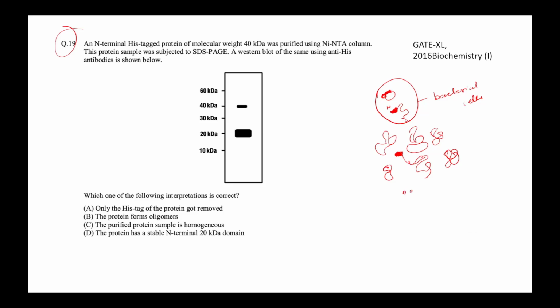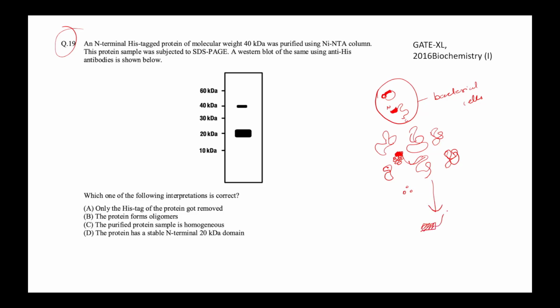These beads have a tendency to bind to the histidine tag. The other bacterial proteins do not contain that tag, so the beads will not bind to them. So in our purification, we will be able to separate only the histidine tag protein.